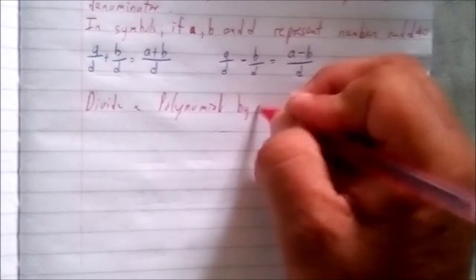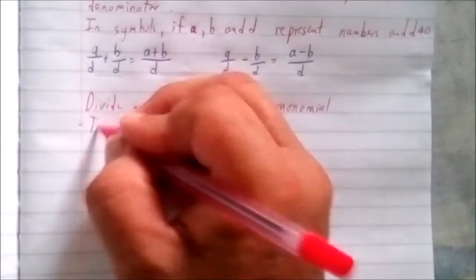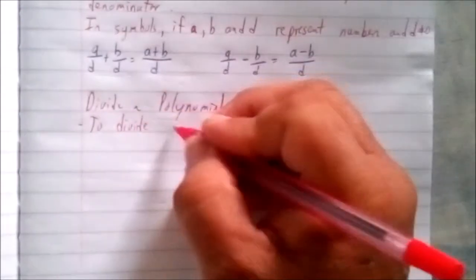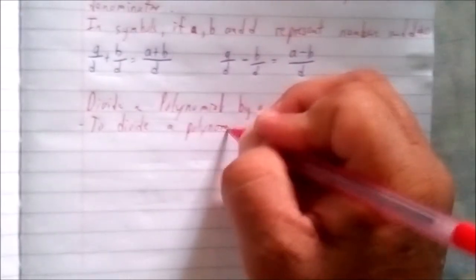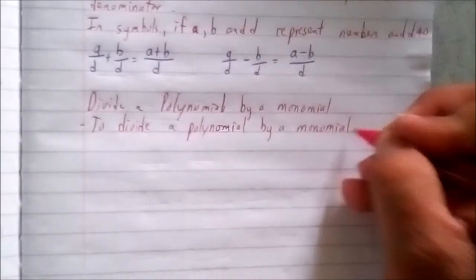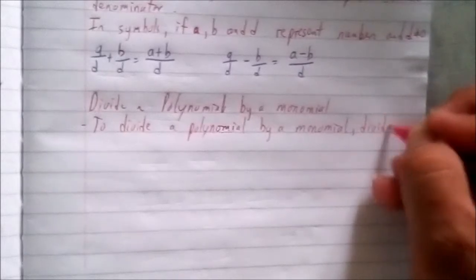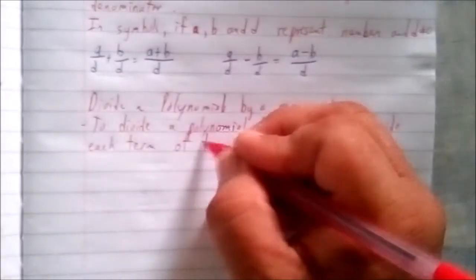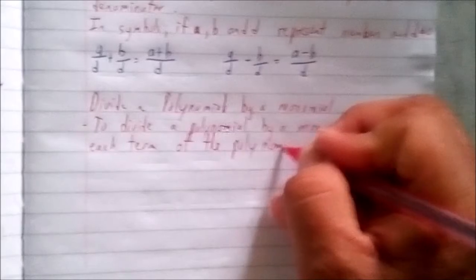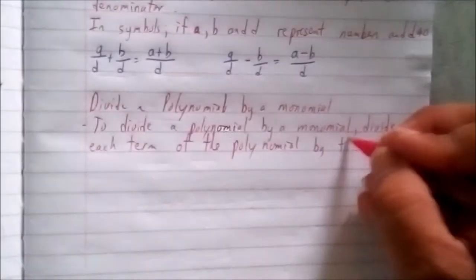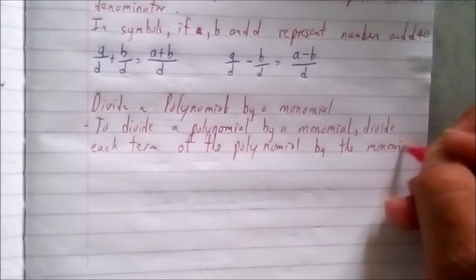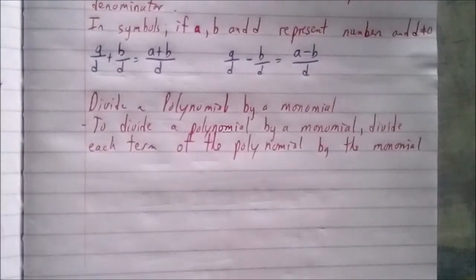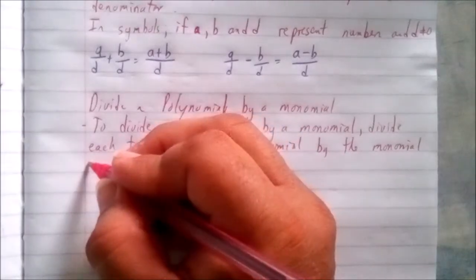To divide a polynomial by a monomial, divide each term of the polynomial by the monomial.